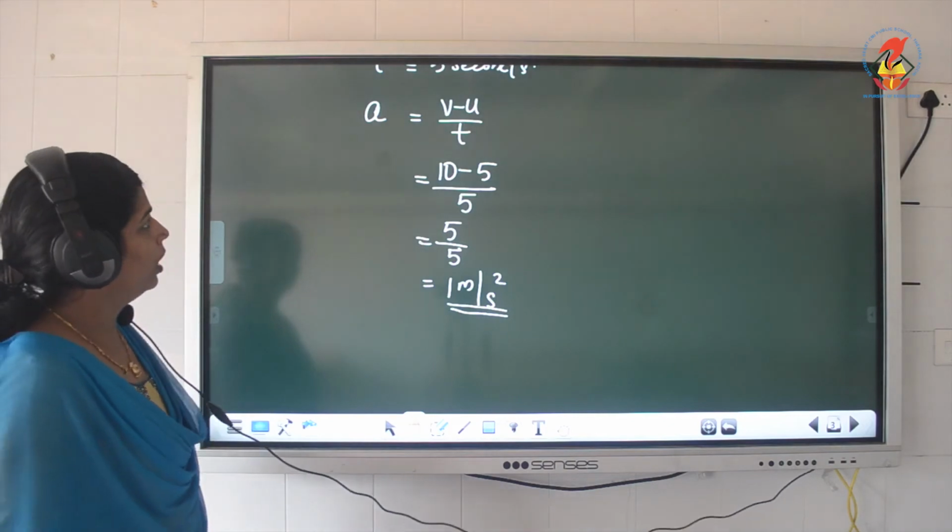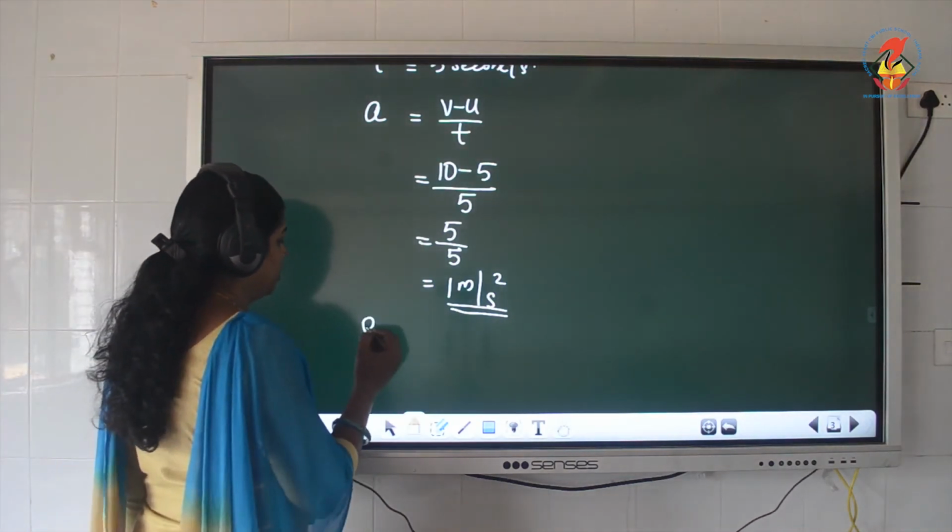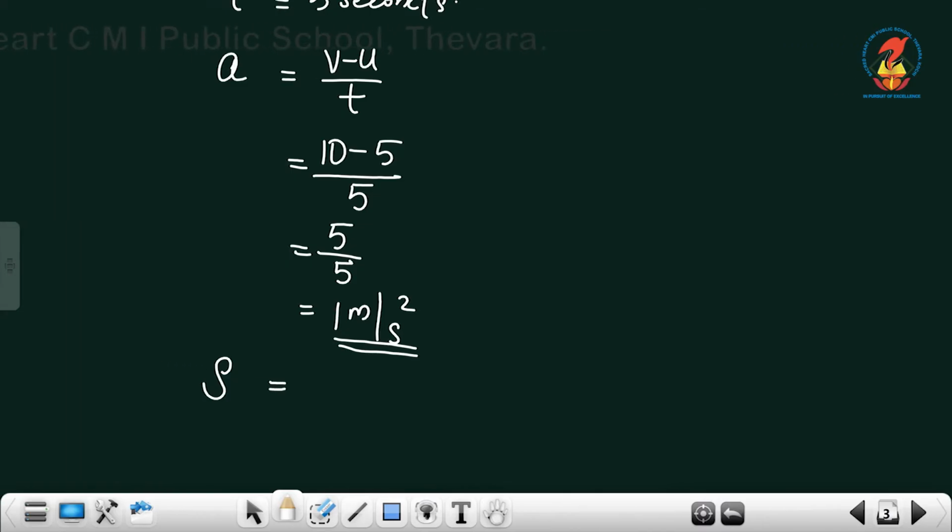Okay. Then distance travel, S is equal to... time is given here. So you can use the equation ut plus half a t square.